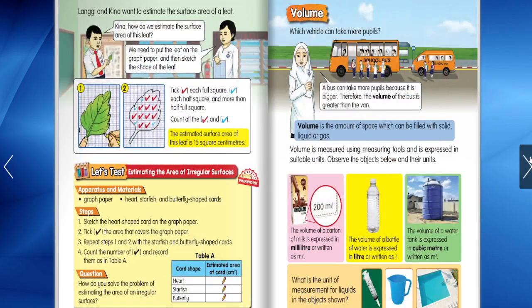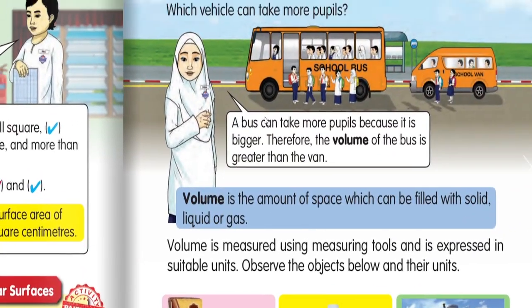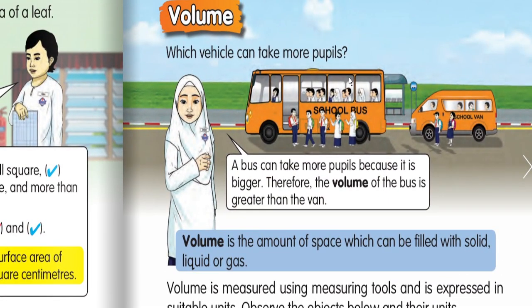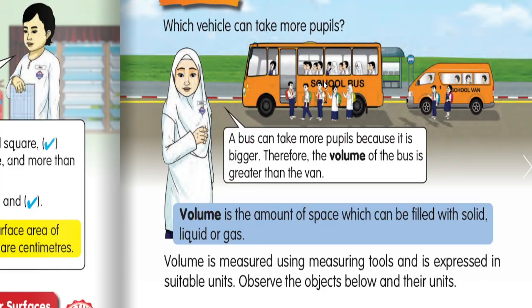Now let's talk about volume. In this picture there is a school bus and a school van. Which vehicle can hold more pupils? A bus can take more students because it is bigger, right?